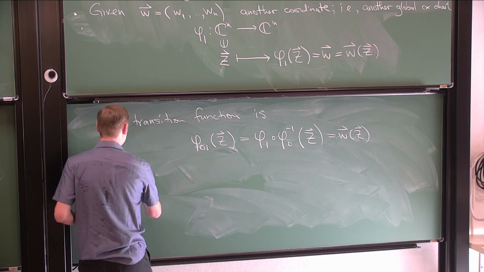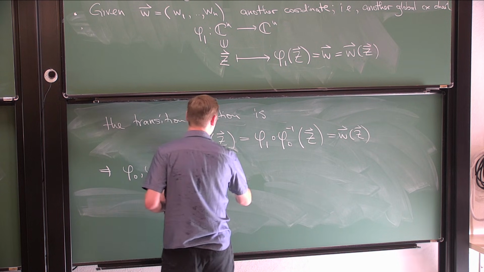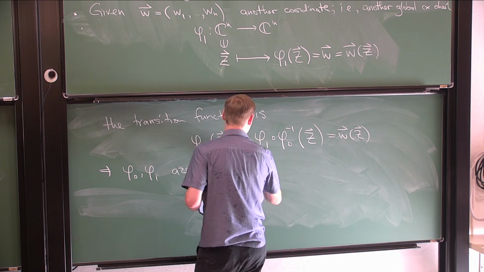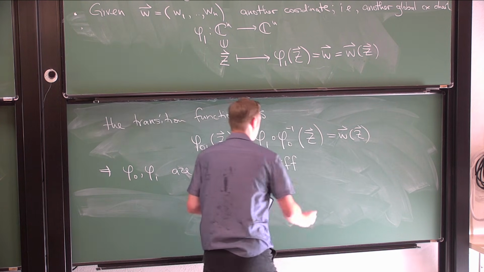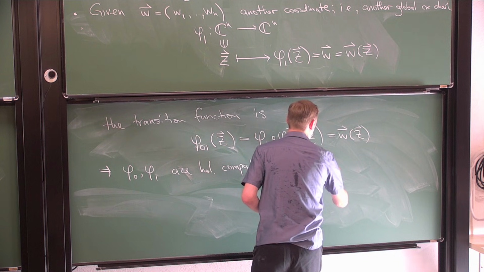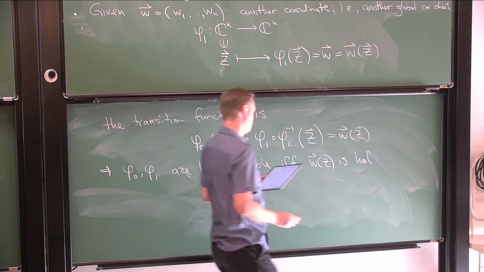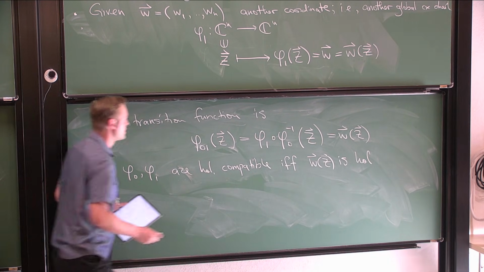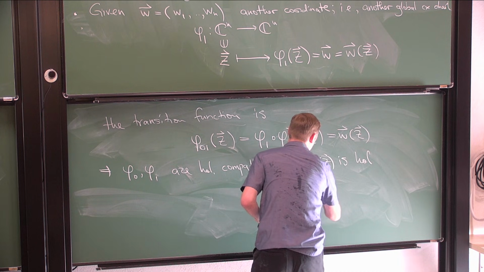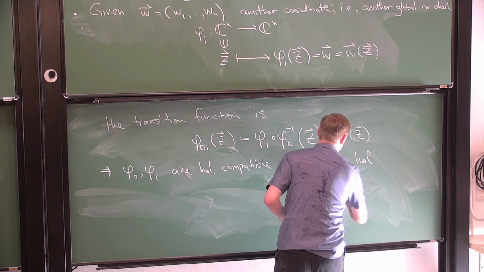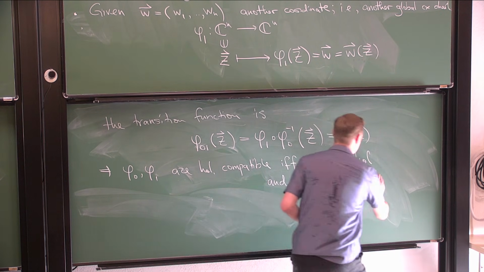So phi 0, phi 1 are holomorphically compatible if and only if w of z is holomorphic, and its inverse, which I suppose you could write as z of w, is also holomorphic.